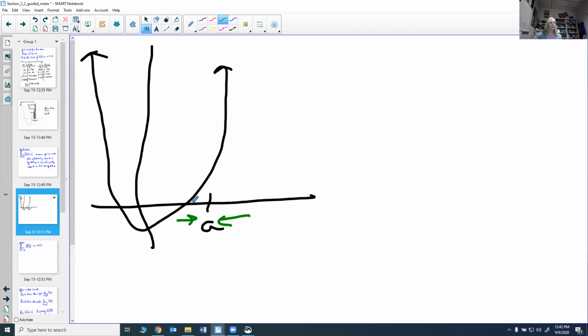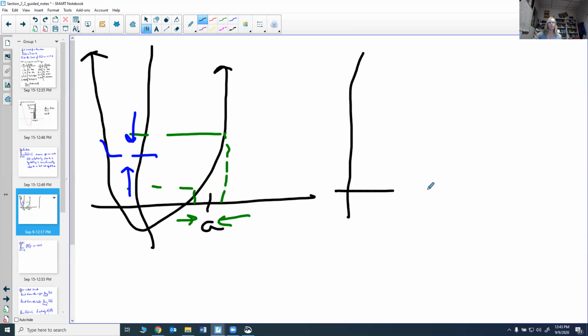And when we do that, we're going to come up over here, and we notice that we're getting closer and closer in on some value here. And that value is L. So that's what this is all about. Again, it doesn't have to be at a.